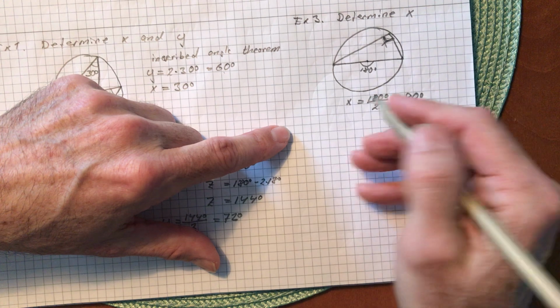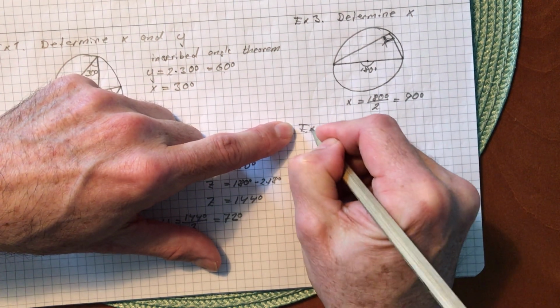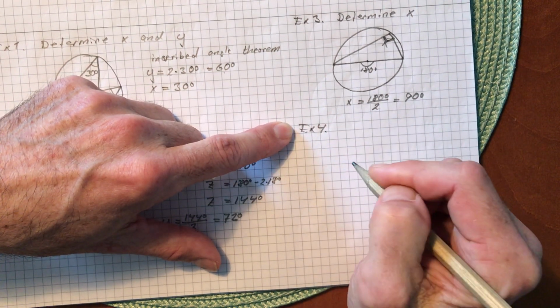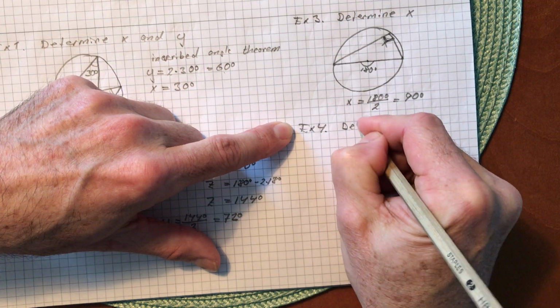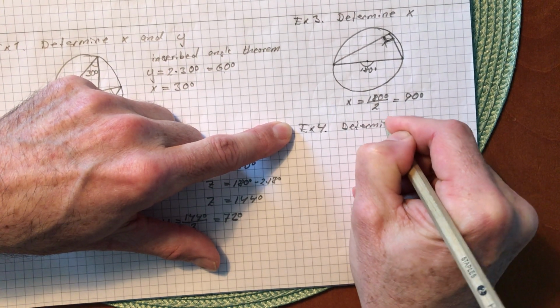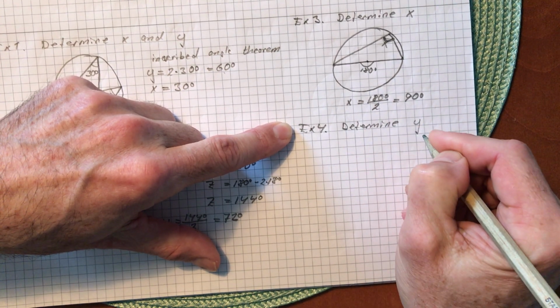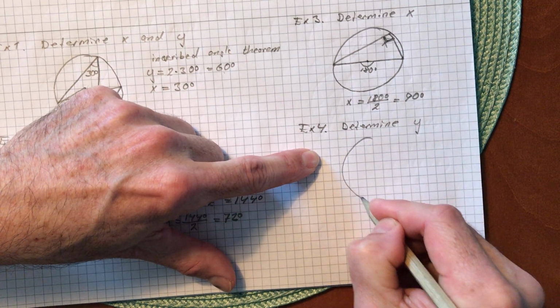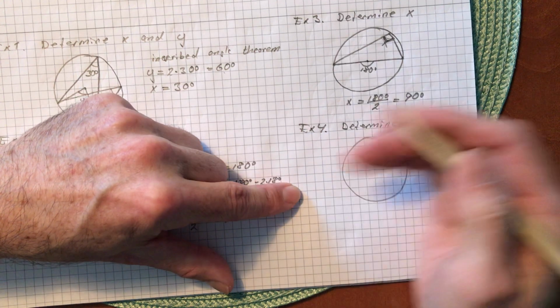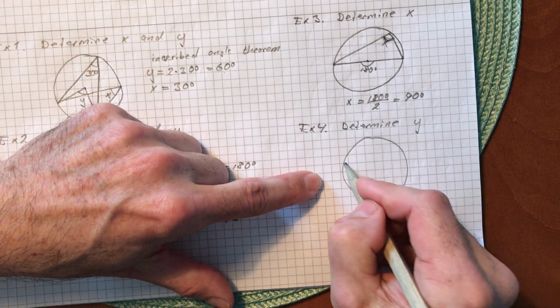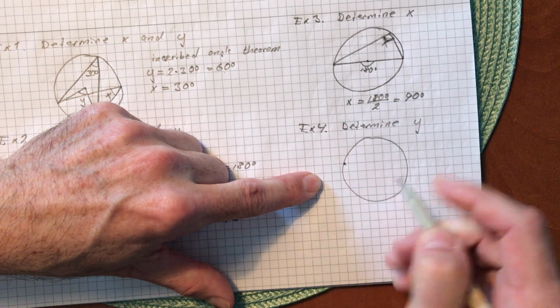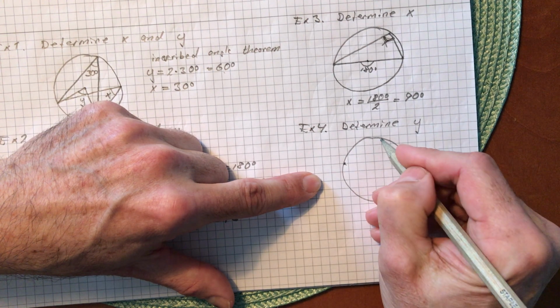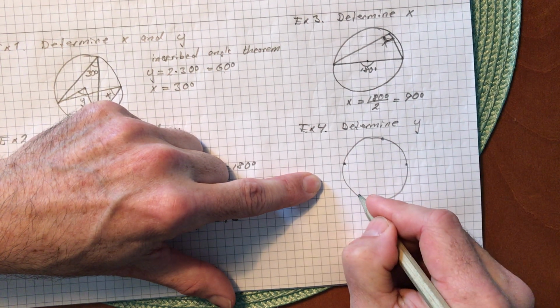Okay. One last question on this. Exercise 4. Determine y. So, we have a circle like this. And then I'm standing somewhere here and somewhere here and somewhere here and here.